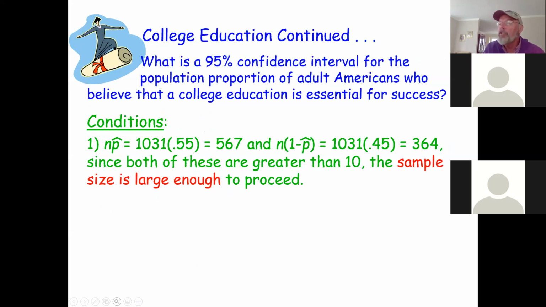So here are the conditions. These are the assumptions that we're thinking about, okay? So the sample size has to be large enough. So we have p hat, then we have 1 minus p hat here to get 0.45, and both of these numbers here are greater than 10.